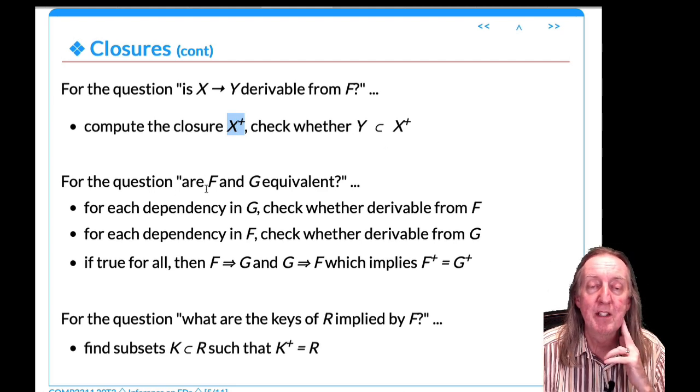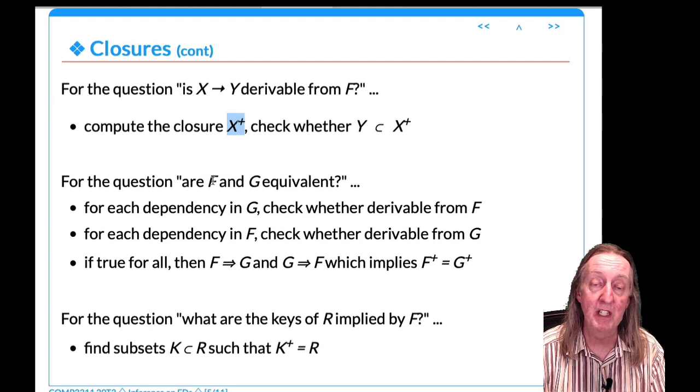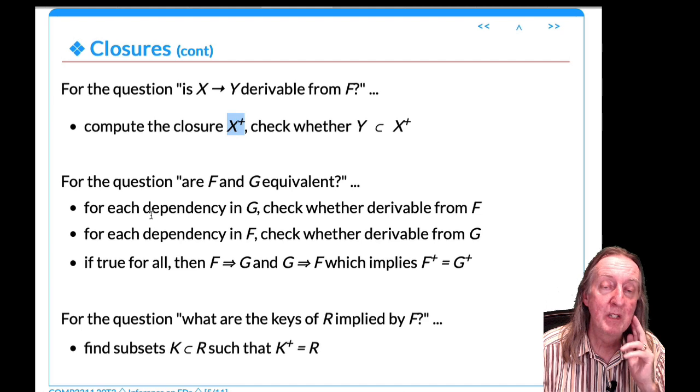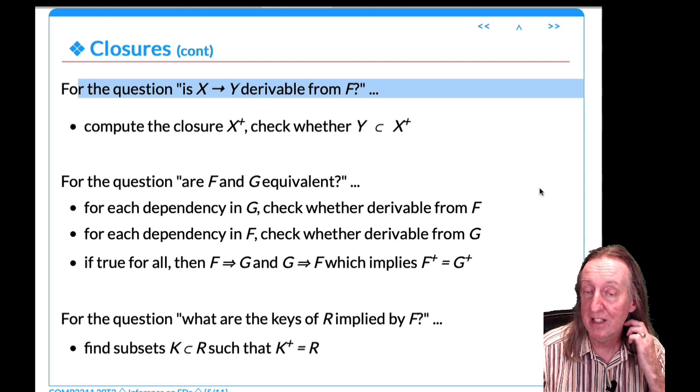All right, what about the question, are two different sets of functional dependencies equivalent? So what we can do is we can look at each dependency in G and determine whether it's derivable from F. How do we do that? Well, we can do that like this.